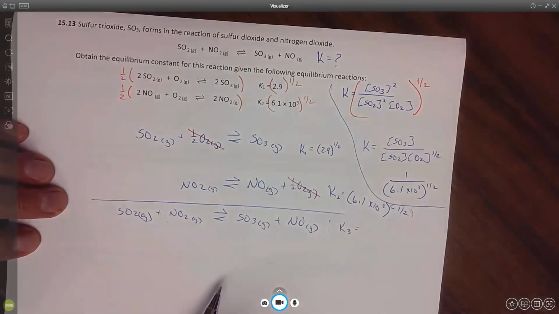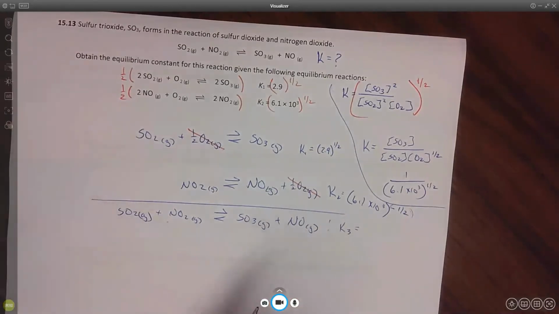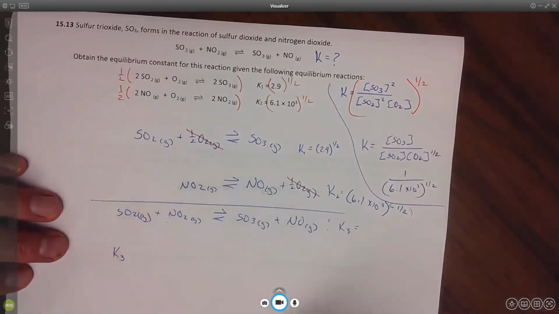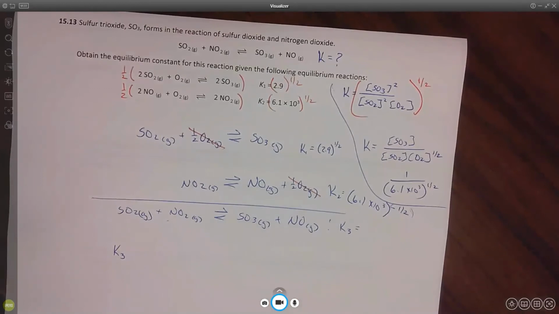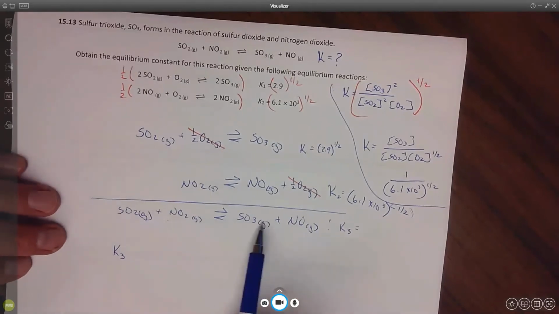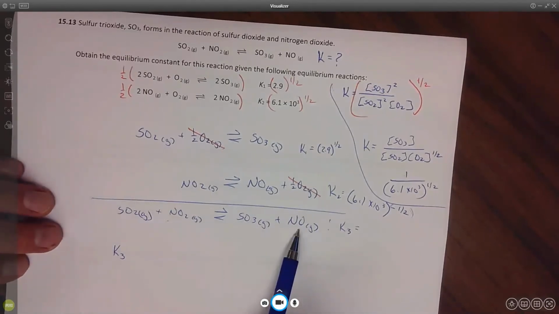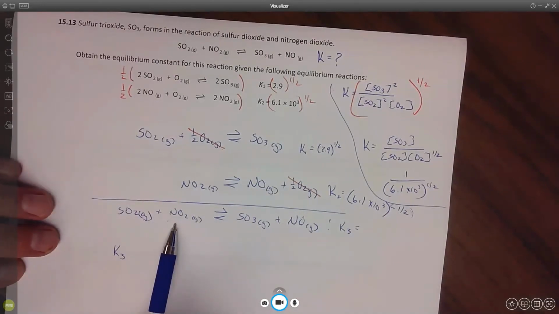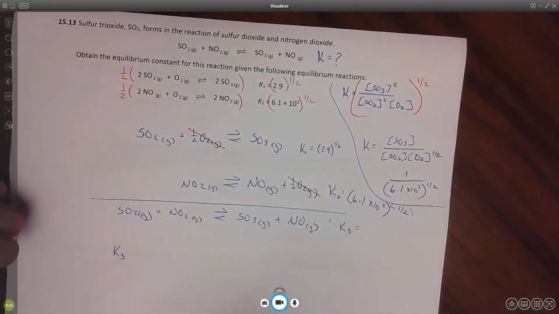How am I going to determine that value? Eugenie, what am I going to do to get that value? Products over reactants. I mean, you're right, that it would be the concentration of the SO3 times the concentration of NO divided by the concentration of SO2 times NO2, but I want the numerical value of K.